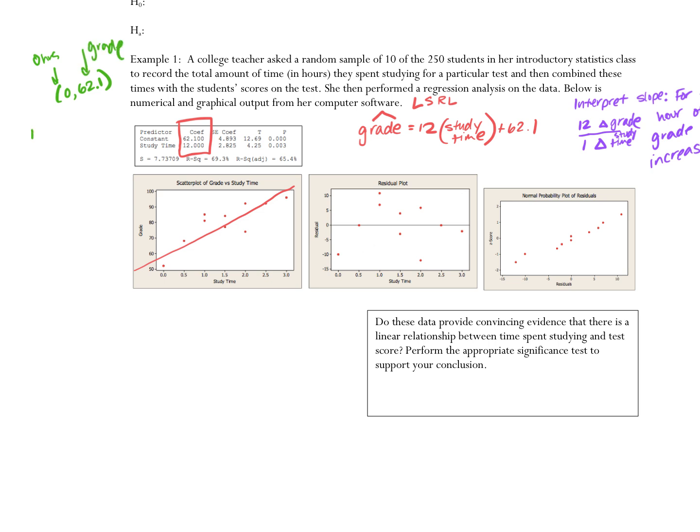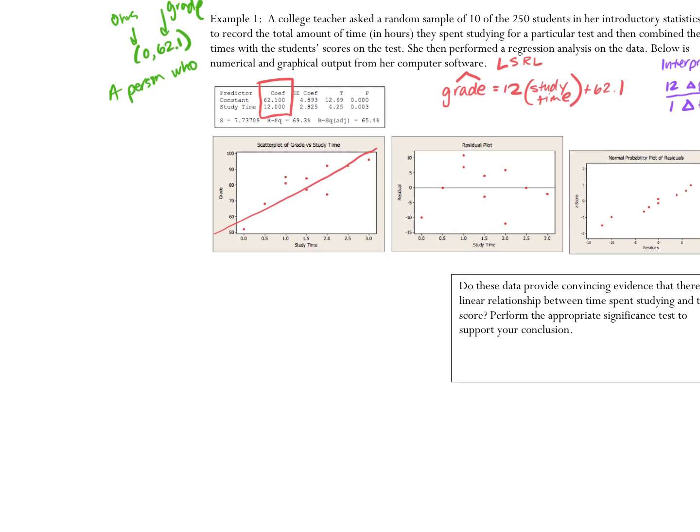So a person who does not study is predicted to earn 62.1 points on the test.